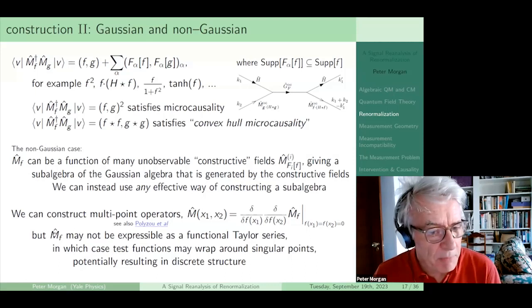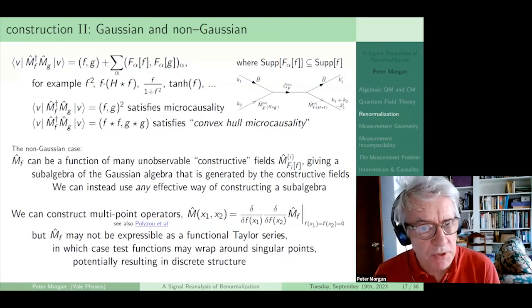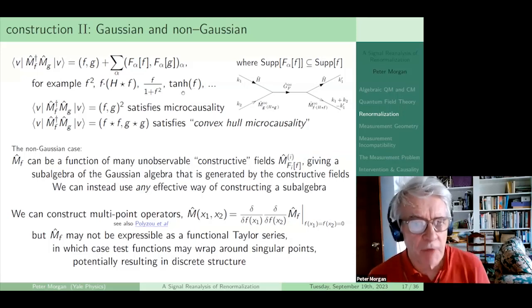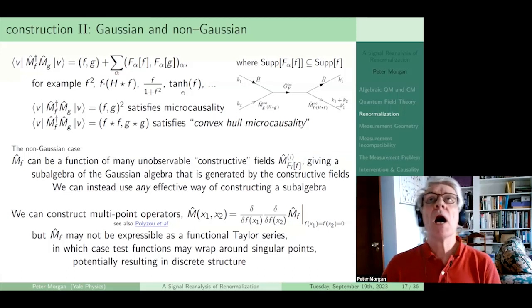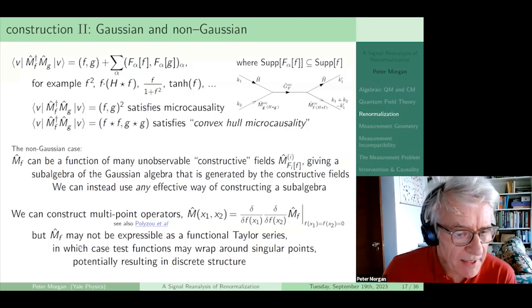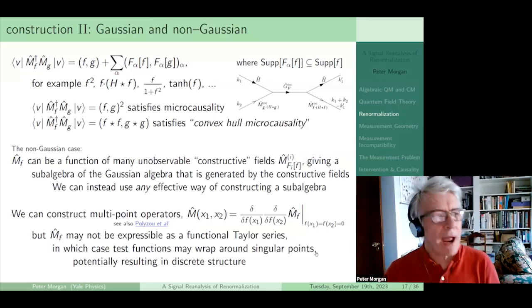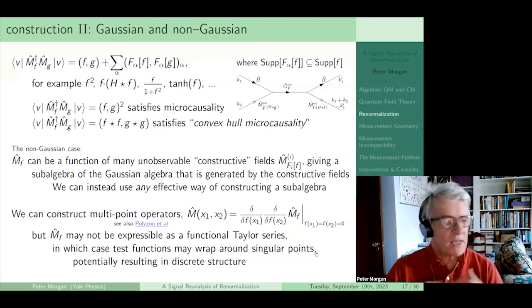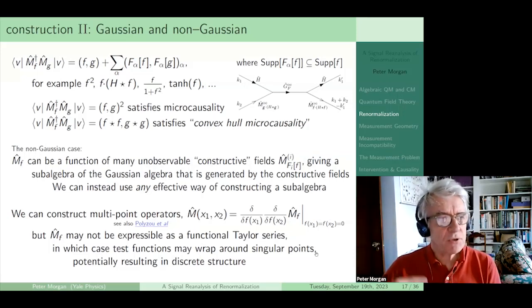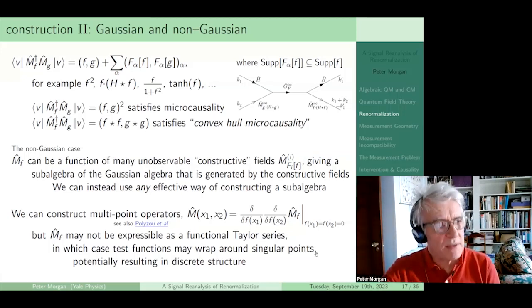But in this case, F measurements may not be expressible as a functional Taylor series, which in particular is not going to be the case here for either of these two. These have finite convergence regions. And in that case, test functions may wrap around singular points, potentially resulting in discrete structure. So this is a way of introducing discrete structure within this way of constructing a non-Gaussian, or indeed actually a Gaussian field.